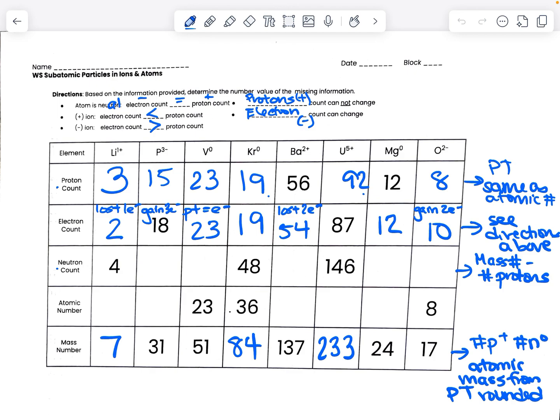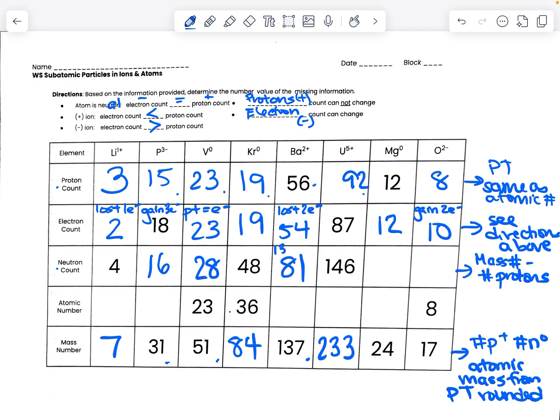All right, so now that I have this information, mass number 31 minus 15 is going to give me my neutrons. So protons plus neutrons minus protons gives me neutrons. 51 minus 23 is going to give me 28. 137 minus 56 should give me 81.